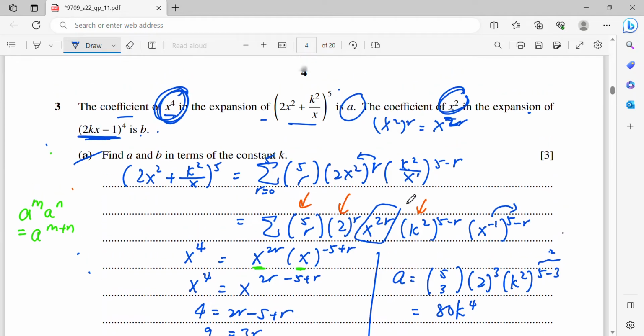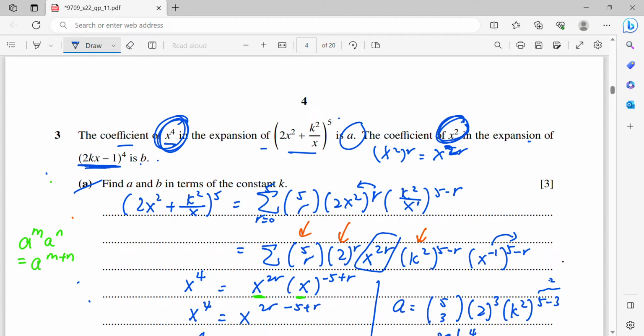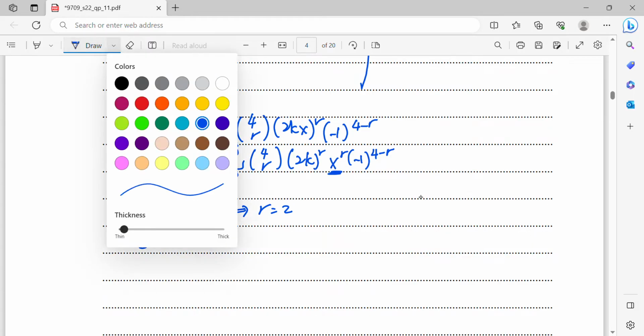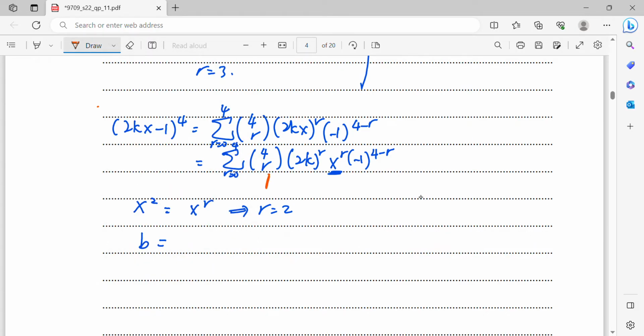Now you are given x², so our target is x². This is the only x, which means it's x^r, so obviously your r is 2. So b is going to be the coefficient for x², which means all these terms.